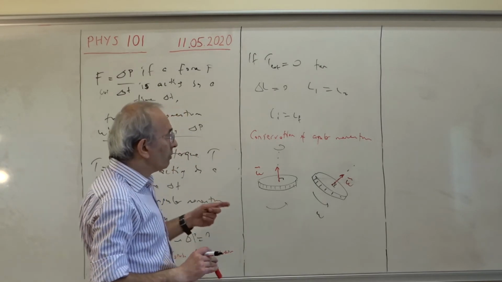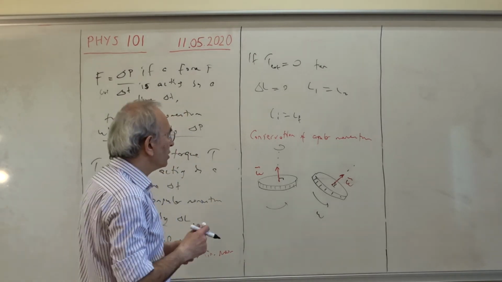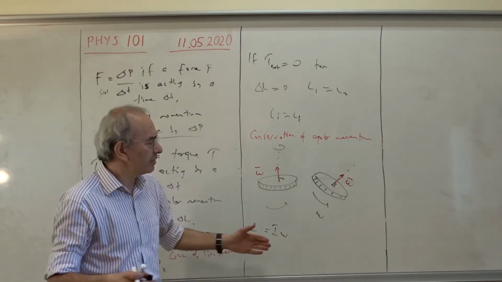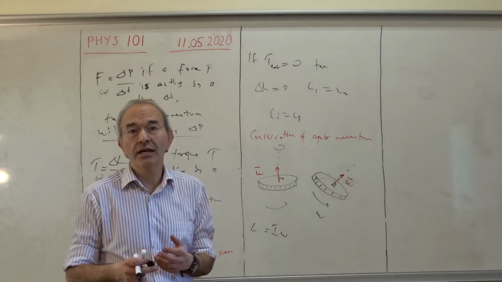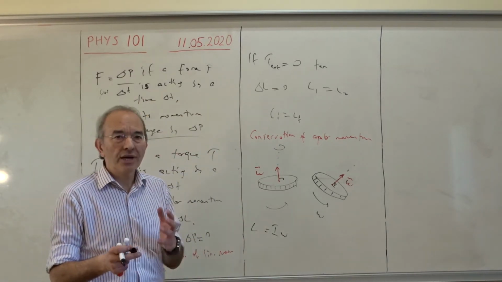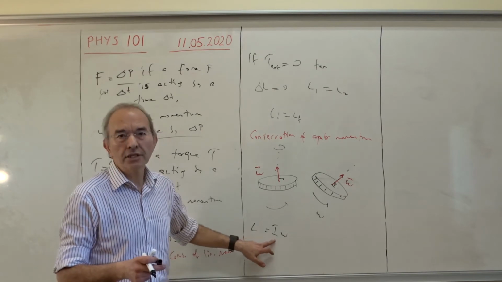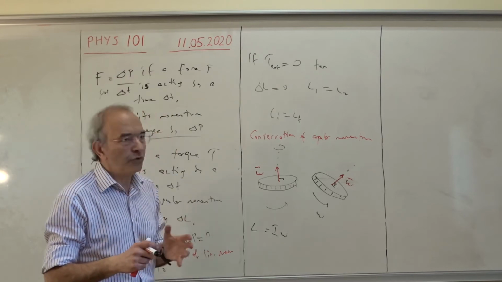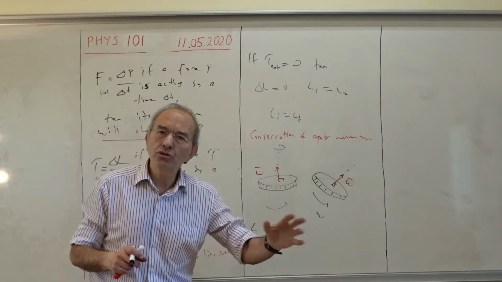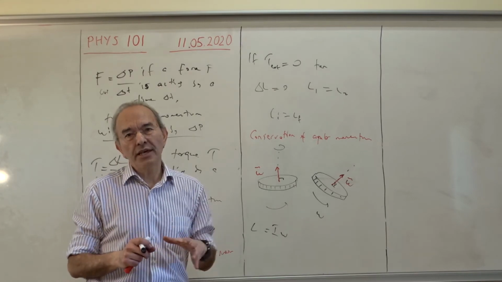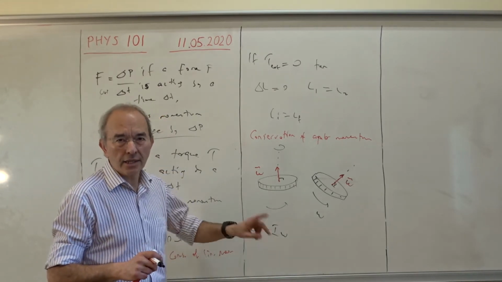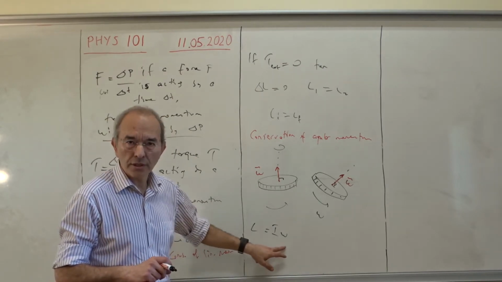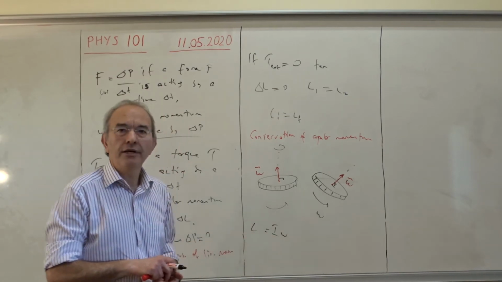What about the direction of L, angular momentum? L is simply I times omega. Of course, it is not as simple as this. In more advanced texts, for example, in classical mechanics, we are dealing with not just a single I, but with a 3x3 matrix, the inertia tensor, etc. But for Physics 101, we exclude those relatively more difficult cases and consider I as a single number, and L is directly proportional to the angular velocity vector.